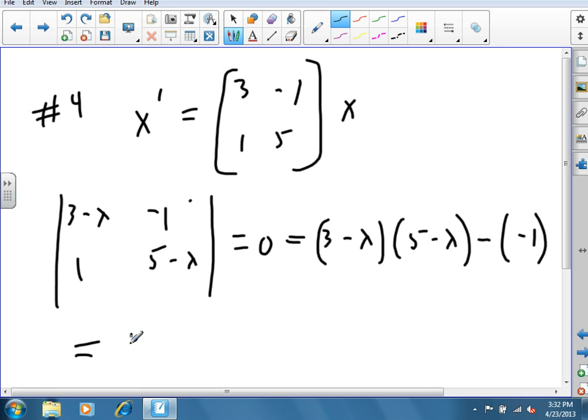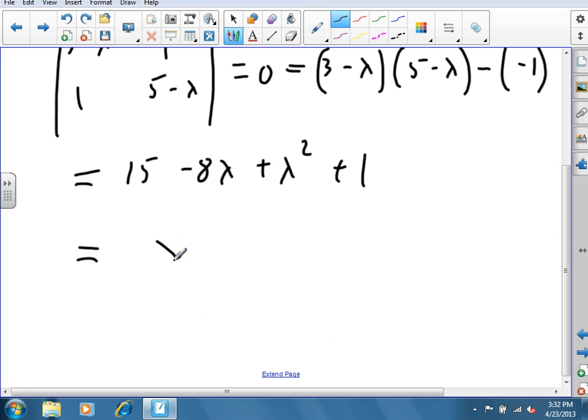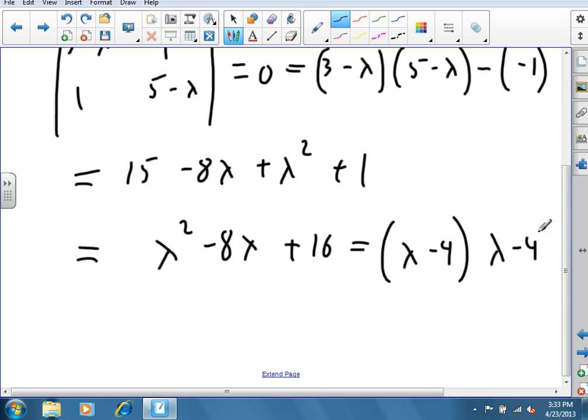So I got 15, minus 8 lambda, plus lambda squared, plus 1. So lambda squared minus 8 lambda plus 16 equals 0. I can factor that: lambda minus 4, lambda minus 4. So my eigenvalues are 4 and 4. I have 2 of the same, and I'm supposed to have 2 of the same because I'm in this section.